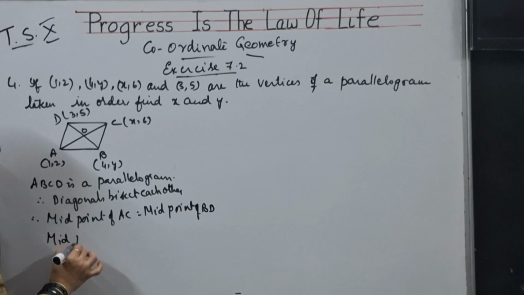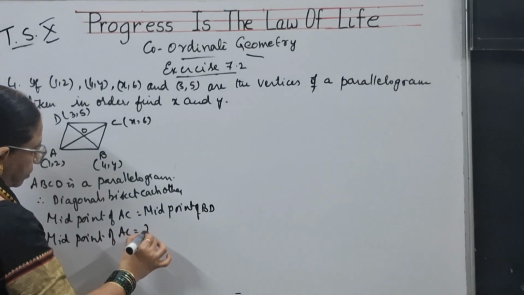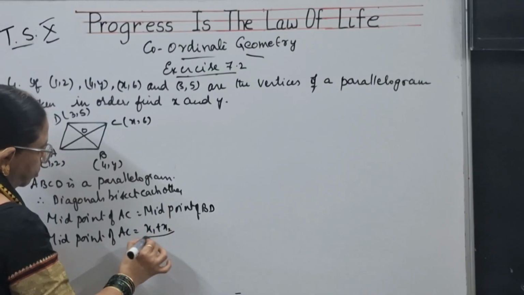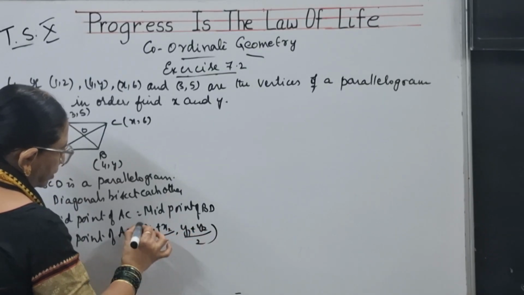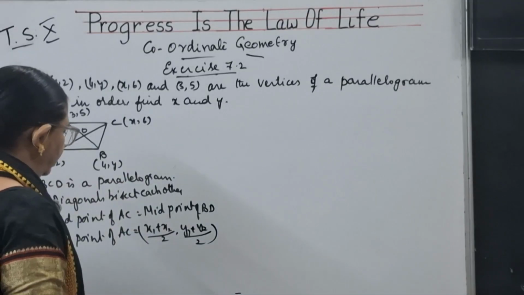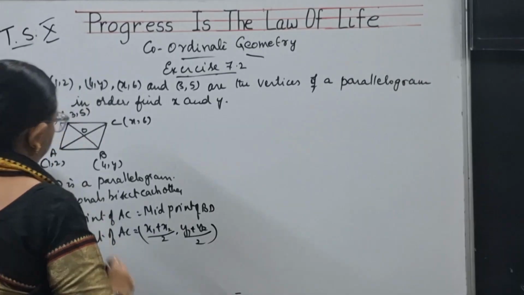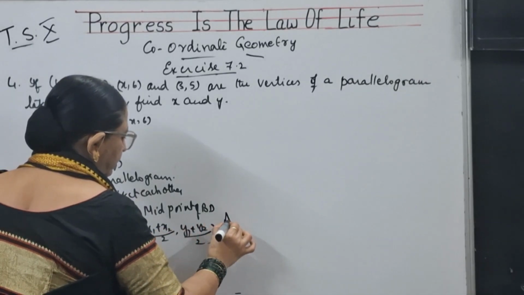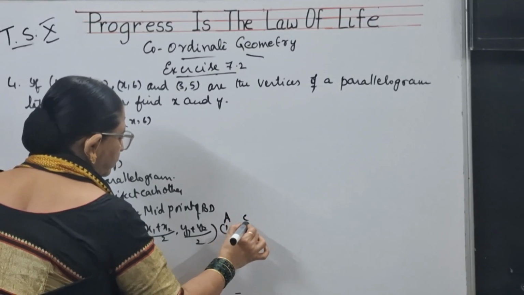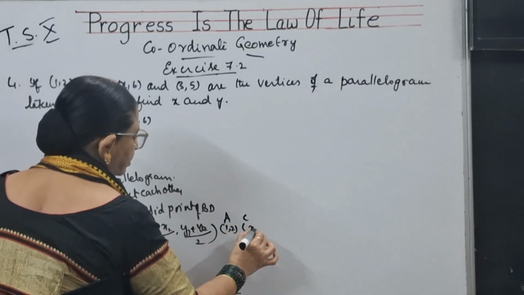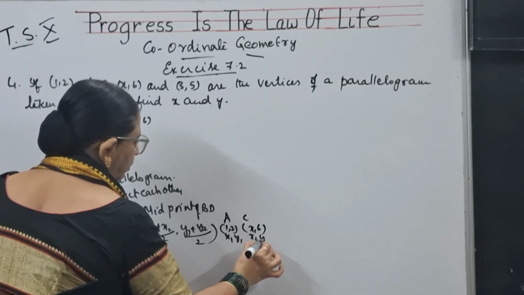So what is midpoint of AC? Midpoint of AC is equal to ((x1 plus x2) by 2, (y1 plus y2) by 2). This is the ordered pair. So let us see what is A and C. Coordinates of A is (1, 2), coordinates of C is (x, 6). So this is x1, y1, x2, y2.